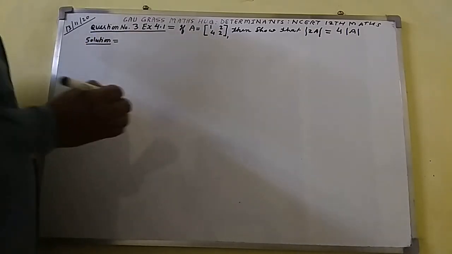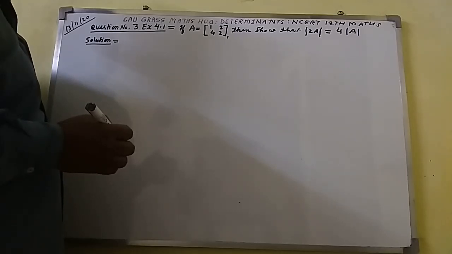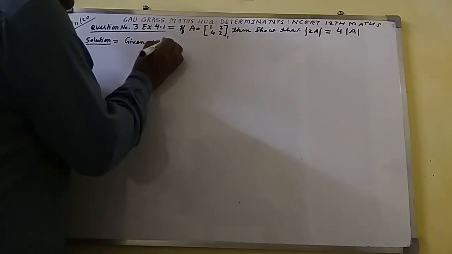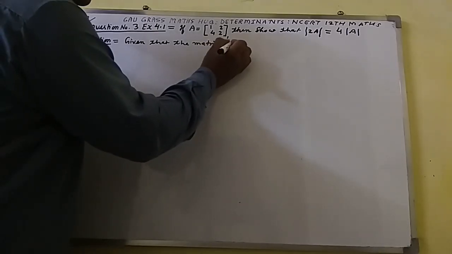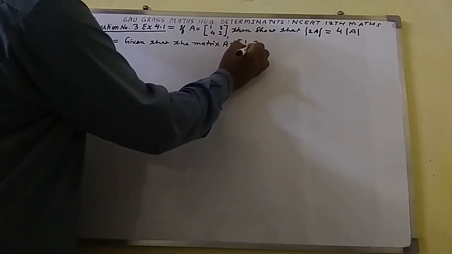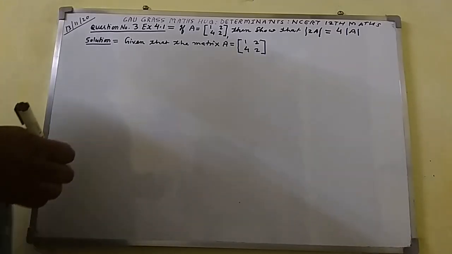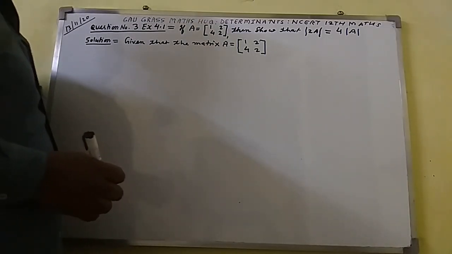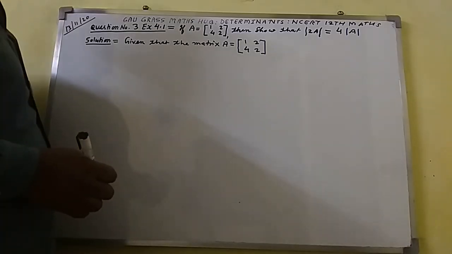Solution: given that the matrix A equals the elements of first row 1, 2 and second row 4, 2, closing the square bracket. So that the determinant of 2A equals 4 times the determinant of matrix A. So here it is given: the determinant of 2A.